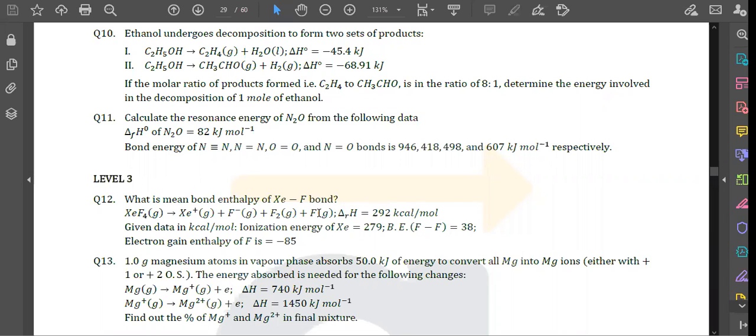Now, when we talk about question number 11, we have to calculate the resonance energy. Again, this is a problem based on resonance energy, okay? But let's see, let's copy this.